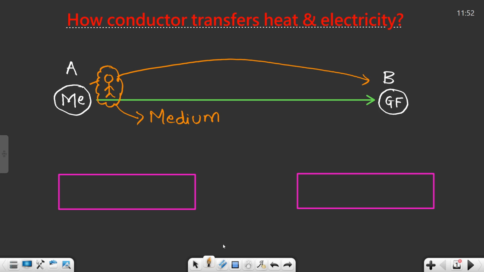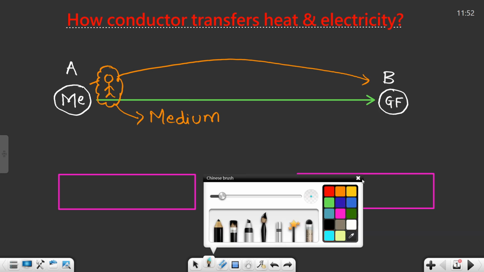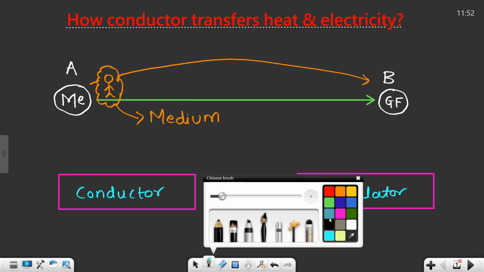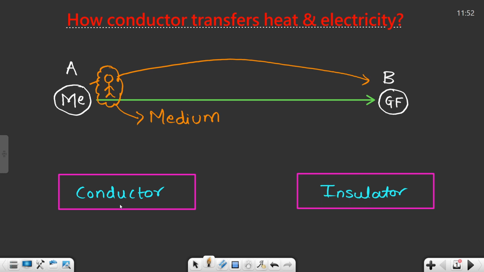In a similar way, there is a certain medium in the conductor. Let's suppose this is my conductor, and let's suppose this is my insulator. In case of a conductor, there is some medium present inside the conductor, whereas in case of an insulator, this medium is absent.